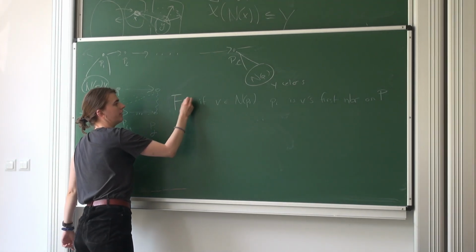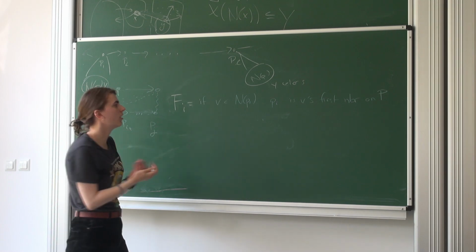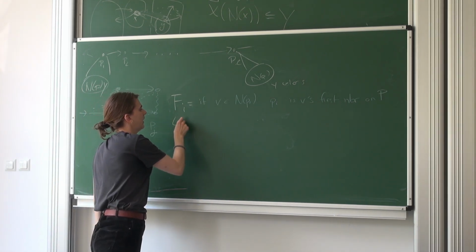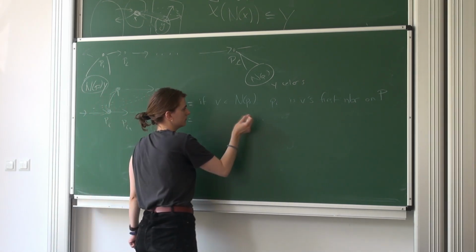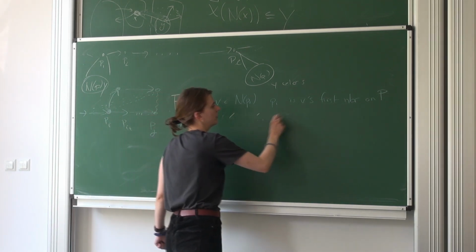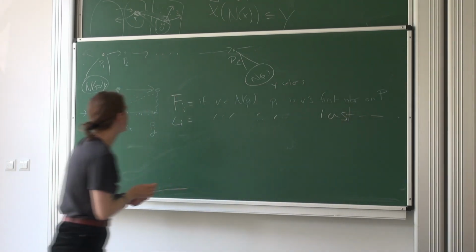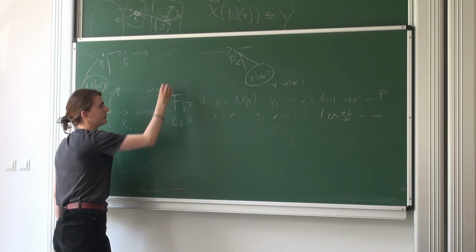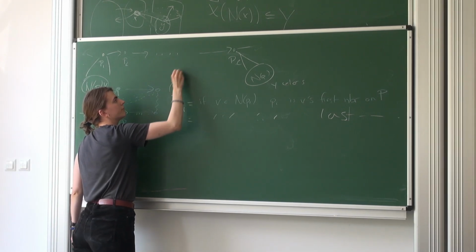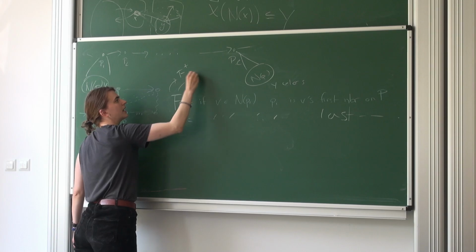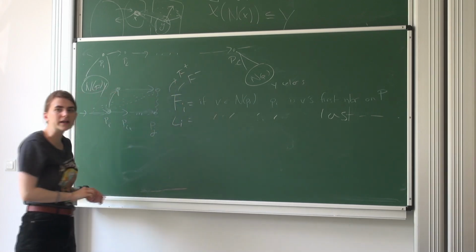Okay, so we're going to call fi the set of vertices whose first neighbor on P is pi, and li is the same thing, but last. And for the fi's, we divide into fi plus and fi minus, depending on the direction of that edge.